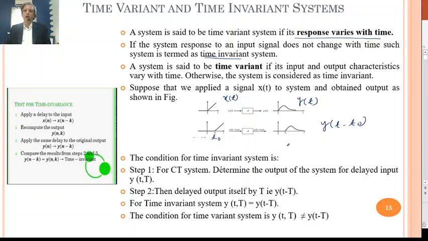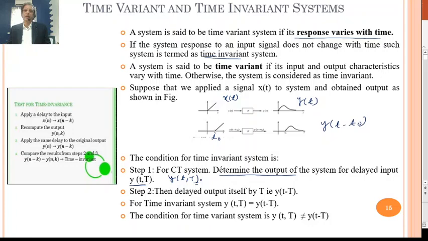First determine the output of the system for the delayed input, and we will represent this by y(t). That is the output or the response of the system for the delayed input, and then delay the output itself. Then in the second step, delay the response by that amount of seconds.